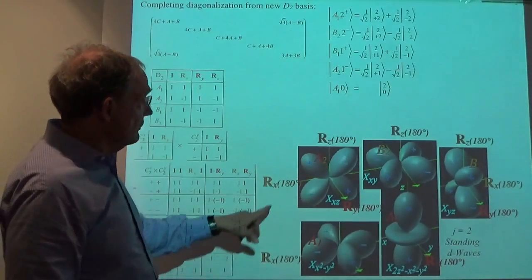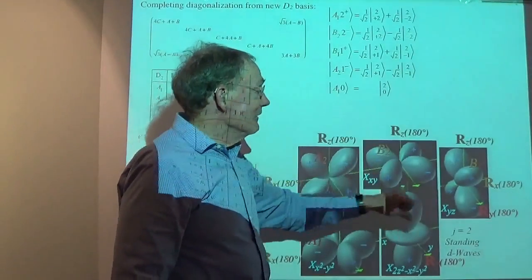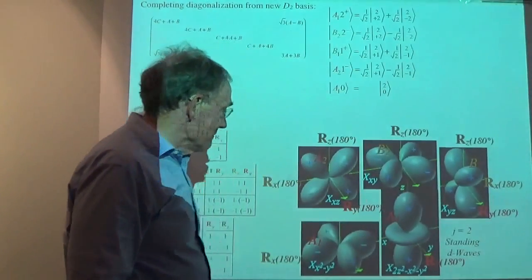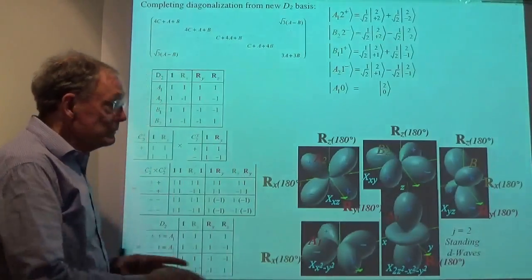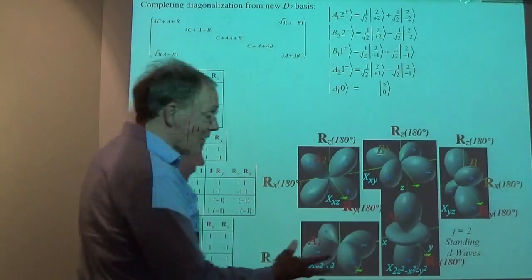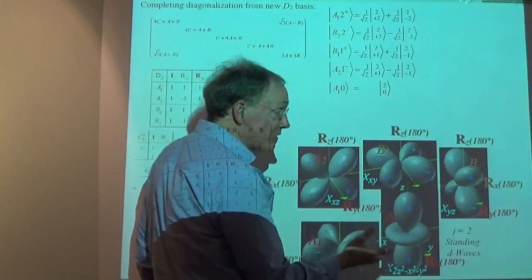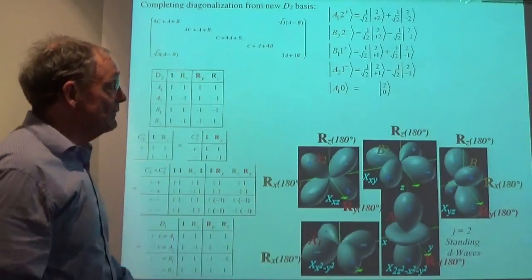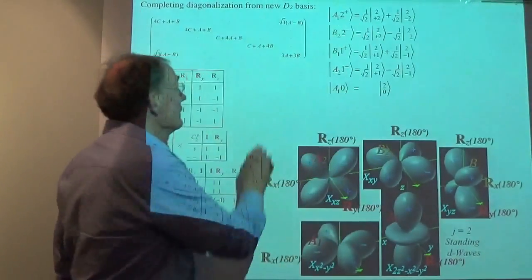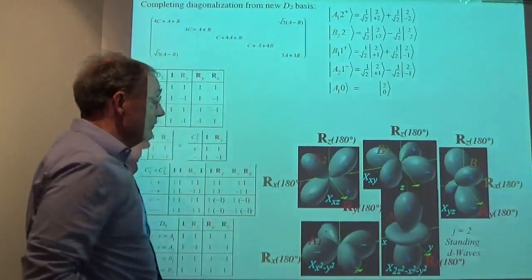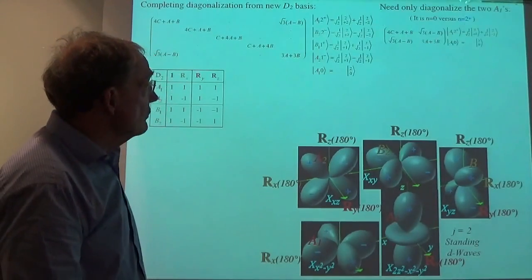And that's the way you assign the fact that this is an A2, this is a B2, this is a B1, and these two are A1s who get mixed with each other. So we'll get a linear combination of something like that with a little bit of that thrown in. That's allowed by D2. So Murphy's law says if it's allowed to mix these two, they'll mix. And with an asymmetric top, they guarantee they will. Okay, so that's kind of an interesting little thing.